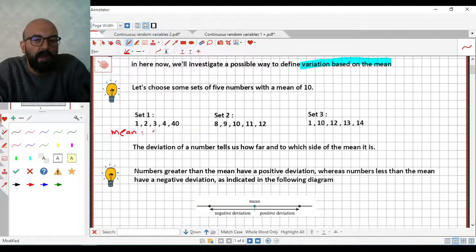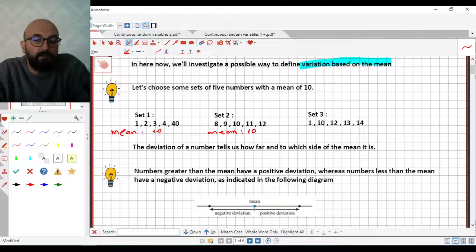50 over 5 means 10. And the other set, the mean is 8 plus 9, 17, plus 10, 27, plus 11, 38, plus 12, 50. 50 over 5 means 10.